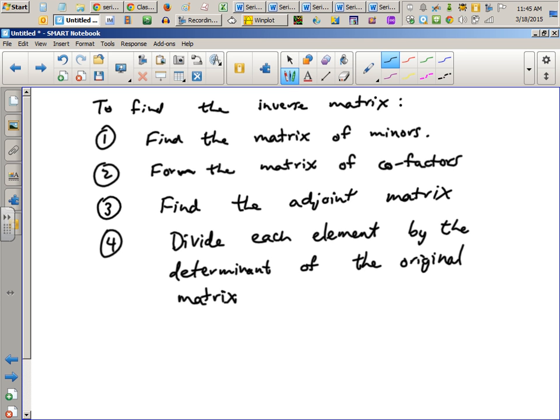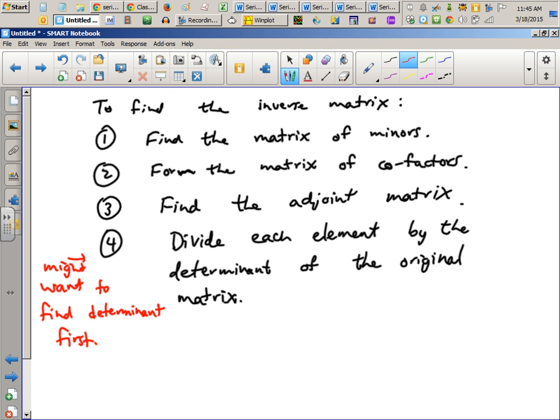Okay, now, a little comment about this last step. You might want to do this one first. You might want to find, at least, the determinant first. Here's why. If the determinant happens to be 0, you are wasting your time with this method. Let's say that you do steps 1, 2, and 3. It takes you 10 minutes. You finally get it all done. You go on to do step 4.